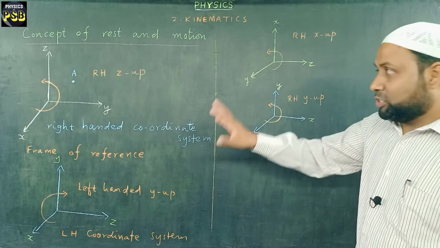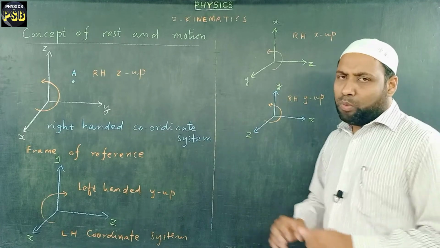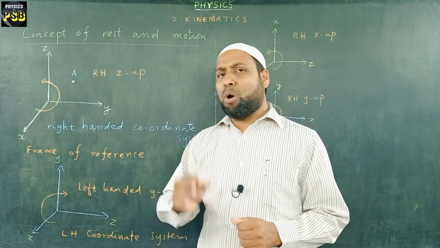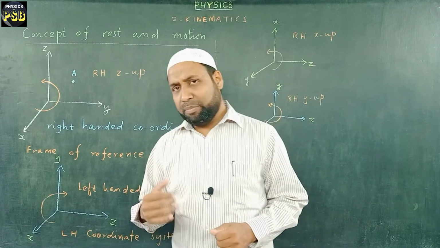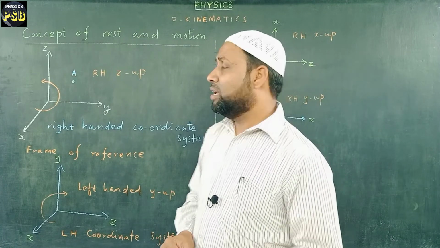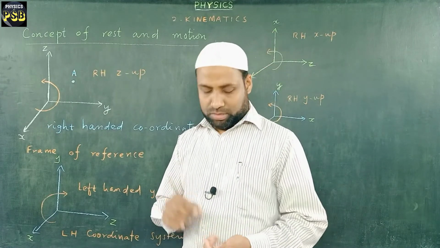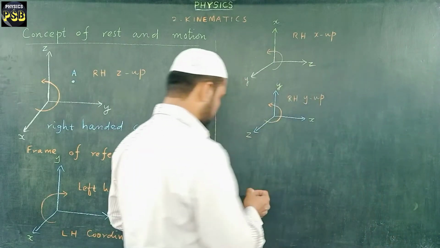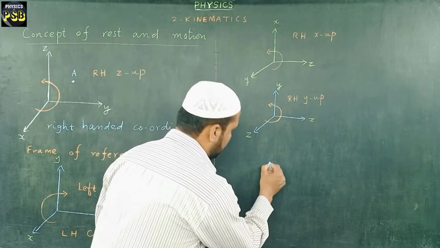I hope I have made it clear. This is how one can easily say whether the object is at rest or in motion. Let me tell you when an object will be at rest. Suppose we have an object O here.